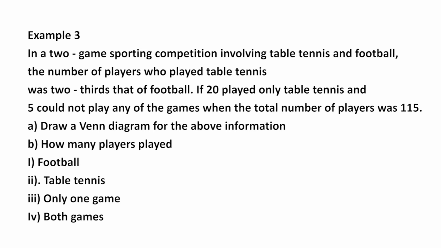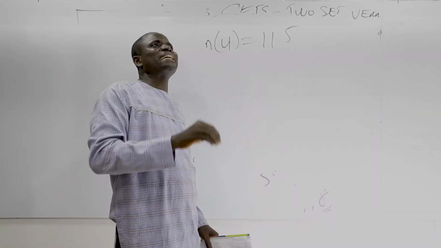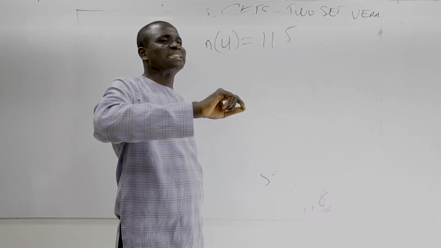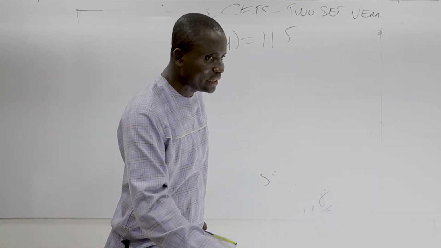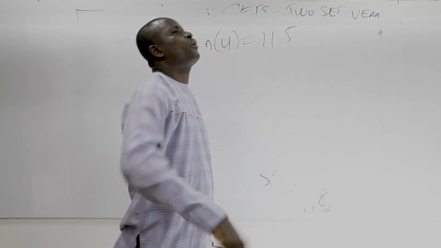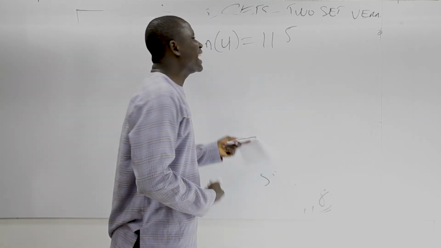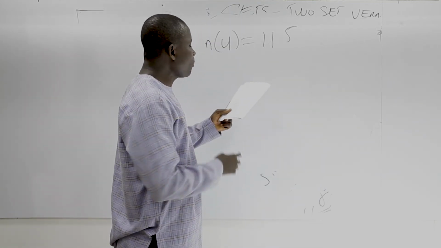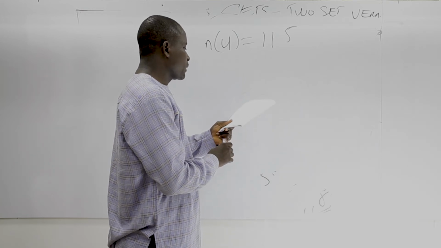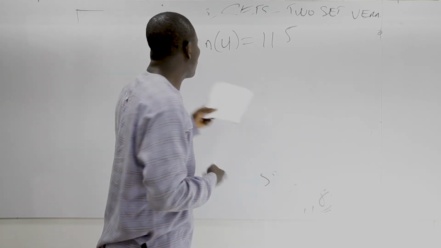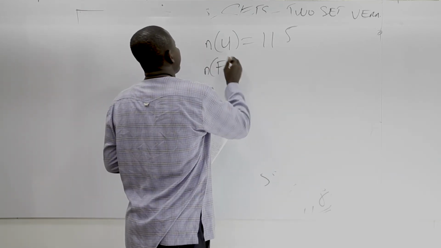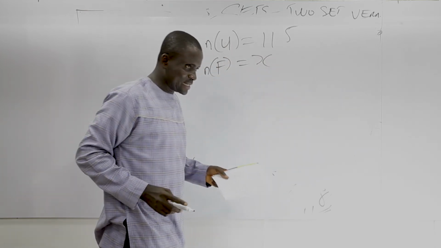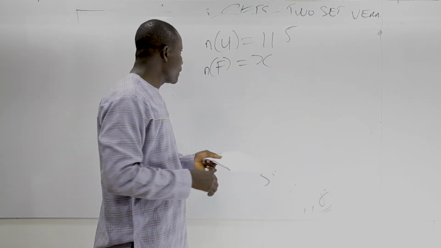It means that those who play football is going to be the reference. If I say that a mother's age is thrice that of the daughter, it means that the daughter's age is what you have to look at first before you can get that of the mother. So here, the number who play table tennis is 2/3 that of football. So you say that NF should rather be X. You are not with me? I'm repeating.